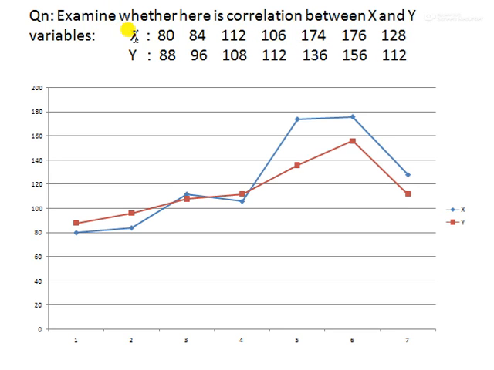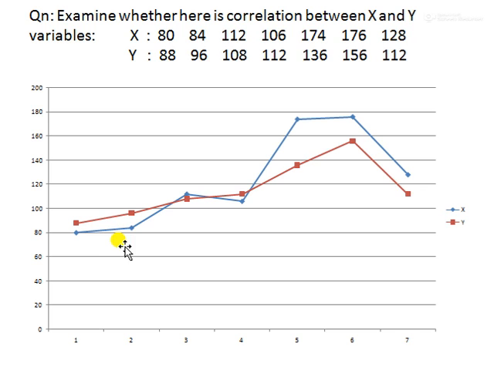These are the values of variable x and these are the values of variable y. To examine the correlation between x and y under the correlation graph method, first we have to plot all the values of x on the graph paper. Here the values of x are denoted by blue color. The first value is 80.